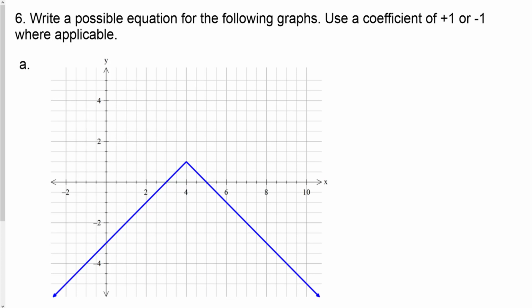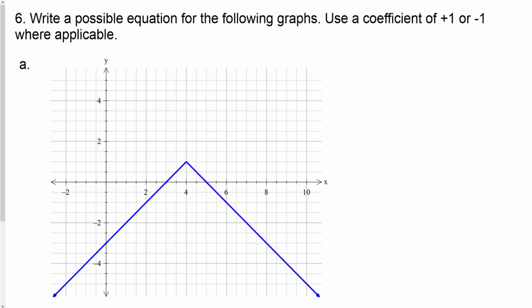So if it's inverted vertically, you would put a negative on your function, but if it's not inverted, then you would just not put a multiplier at all. You don't have to actually write +1 as a multiplier.